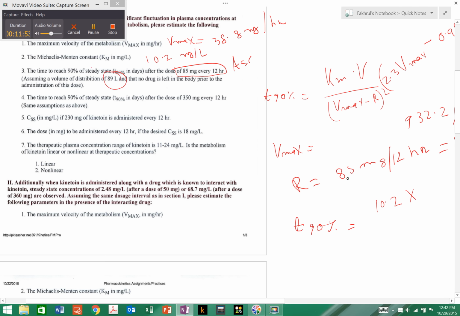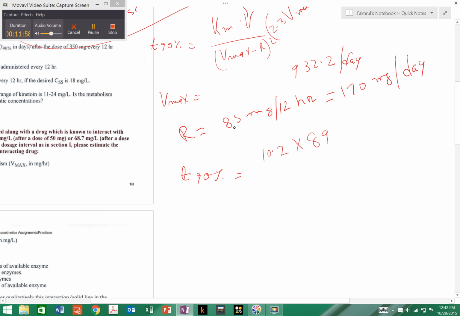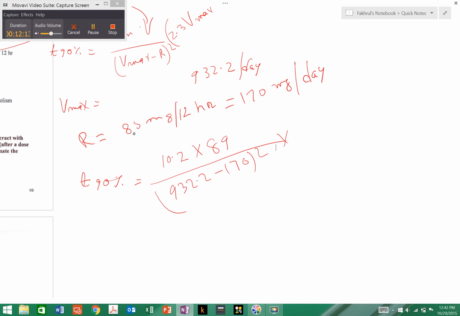This is the V. So we put 89 divided by 932.2 minus 170 square times 2.3 times 932.2 minus 0.9 times 170.